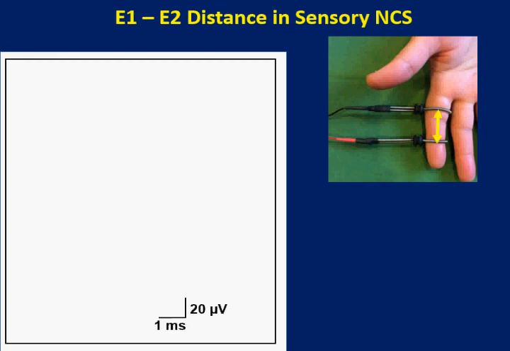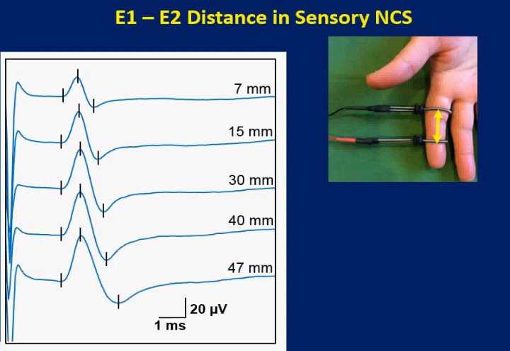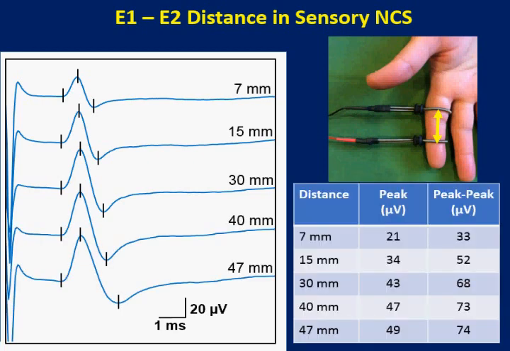The distance between the ring electrodes affects the amplitude of the sensory nerve action potential. In this study, we increase the distance from 7 mm to 47 mm. The amplitude values are tabulated.